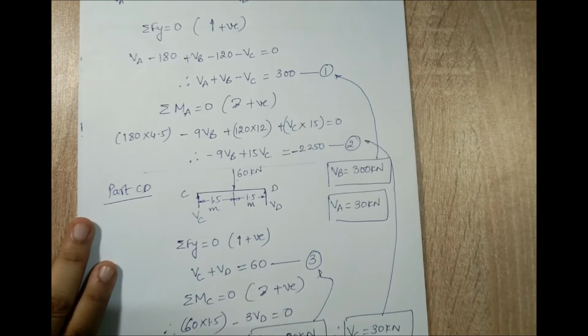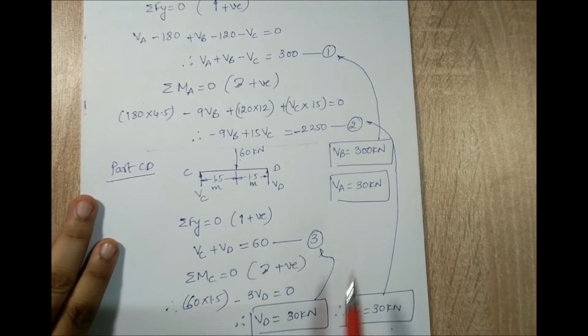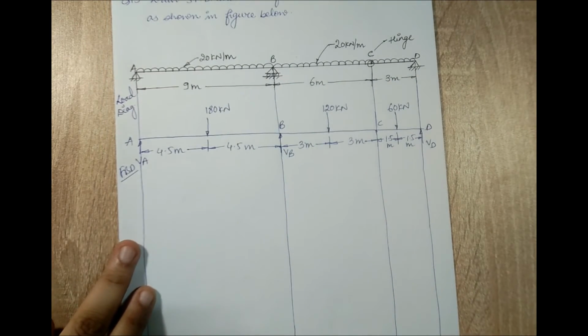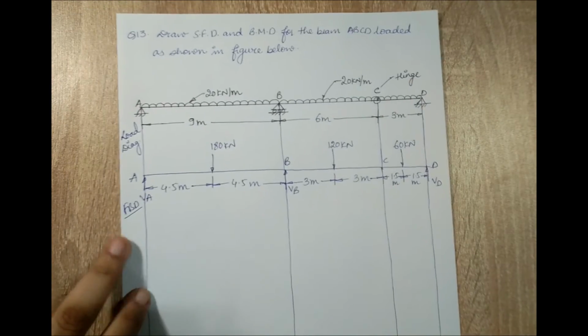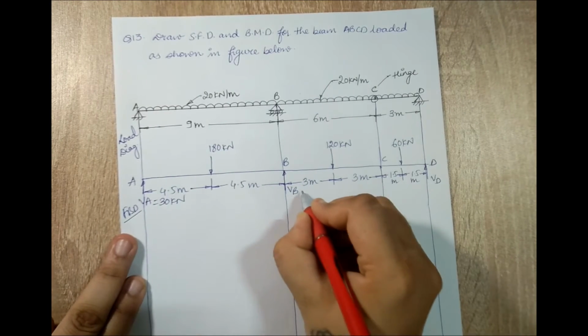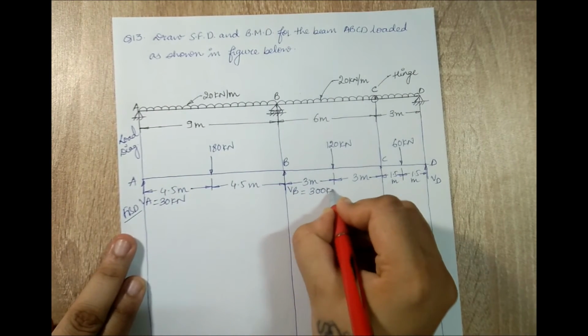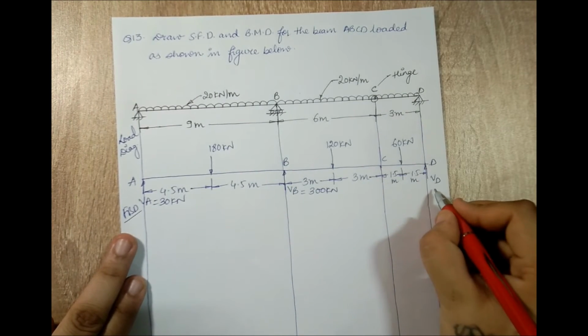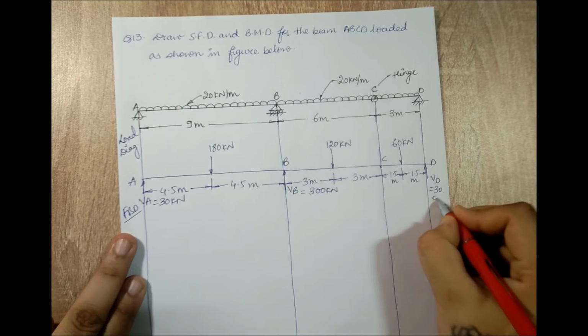So here are the 4 values that I have obtained: VA 30, VB 300, VC is 30 and VD is also 30. So I'll substitute these values in this equation. So VA is 30, VB is 300, VC, which I am not using, and VD is also 30 kilonewton.